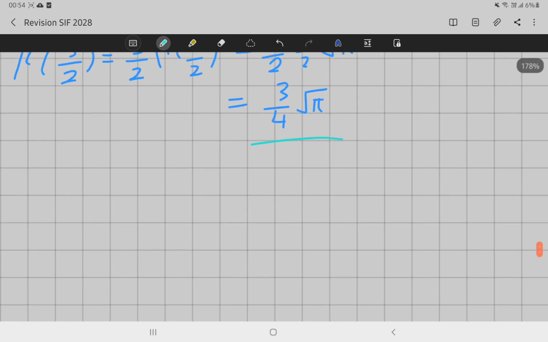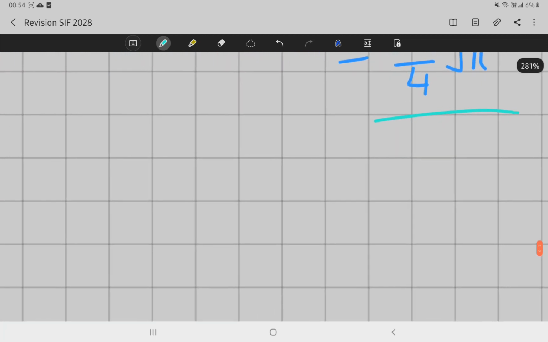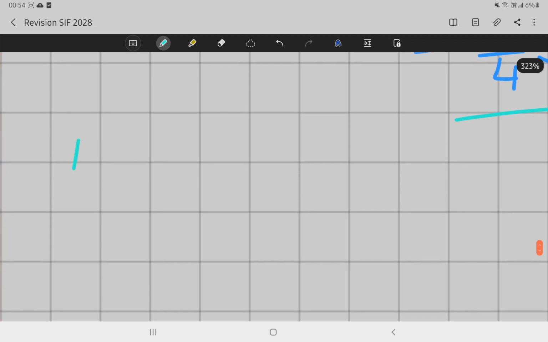Gamma function, beta function. So for the beta function, we have two possible formulas.